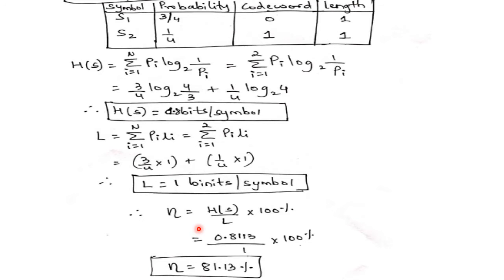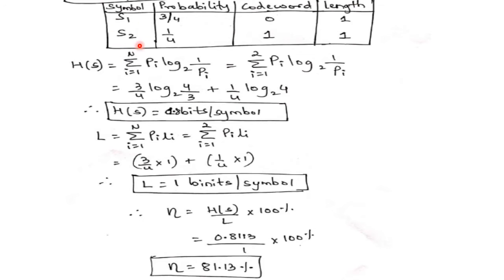So we need to compute the source efficiency or the code efficiency. Efficiency is given by entropy by average code word length, whereas entropy H of S is given by summation i equals 1 to n of probability times log of 1 by probability, where n represents the number of source symbols.